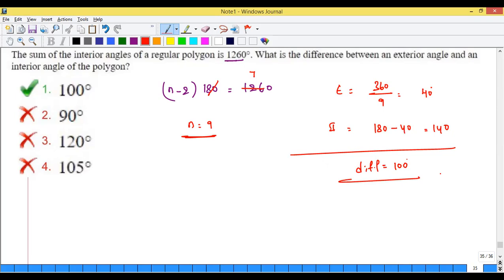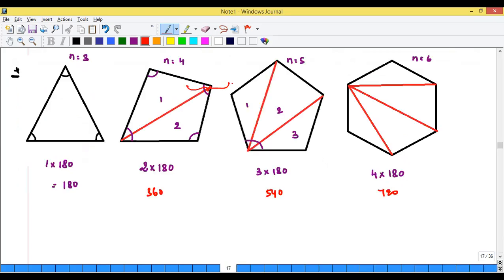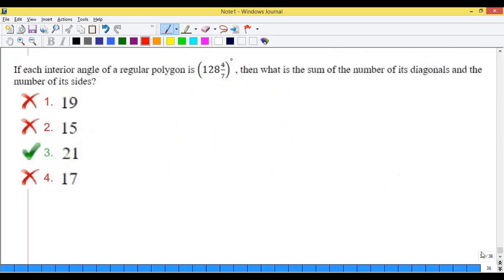Okay. Each interior angle of a regular polygon is how much? 128 4 by 7. Therefore, number of sides is 7. What is the sum of the number of diagonals and the number of sides?